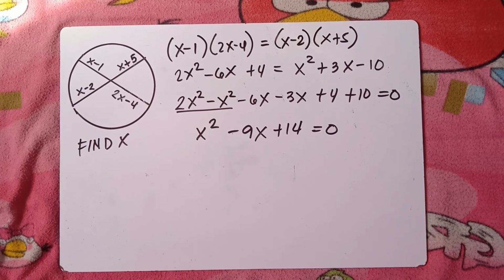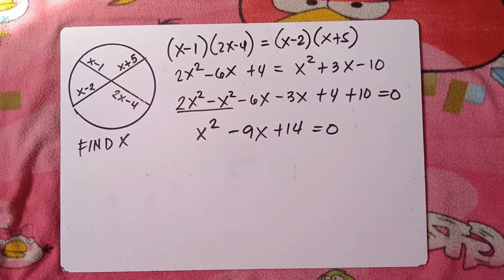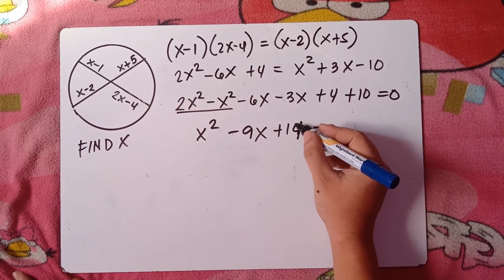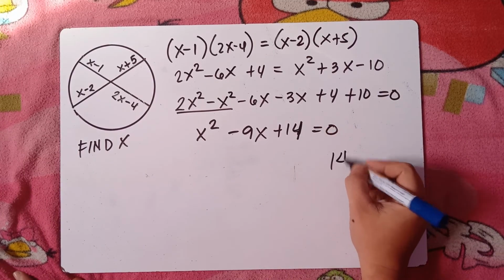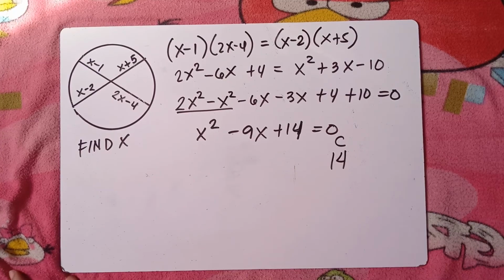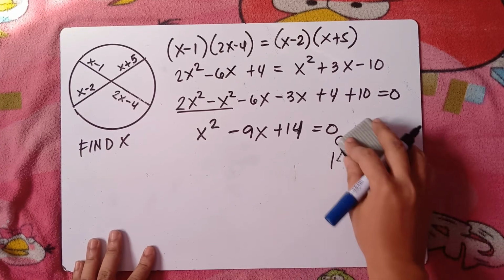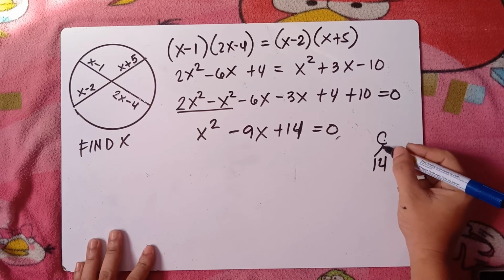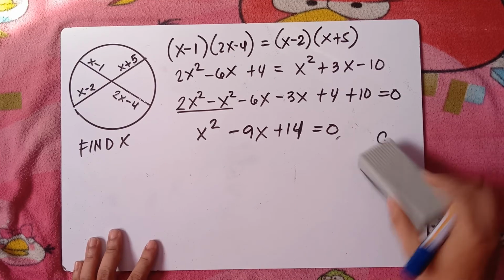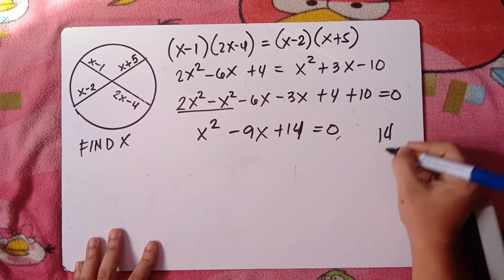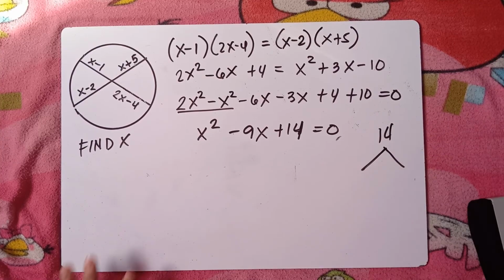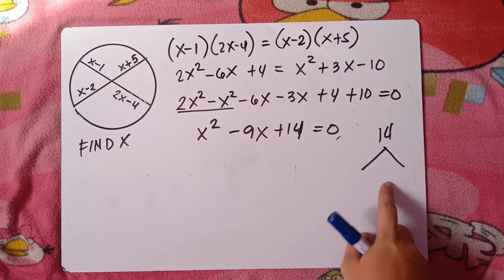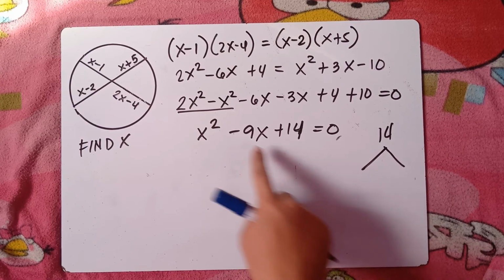Next, you need to find the value of x by factoring. To factor this out, copy 14, the constant. You think of two numbers that when you multiply them, you will get 14, and at the same time, when you add them, you will get negative 9.